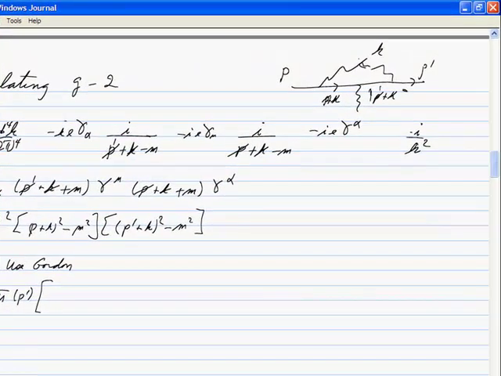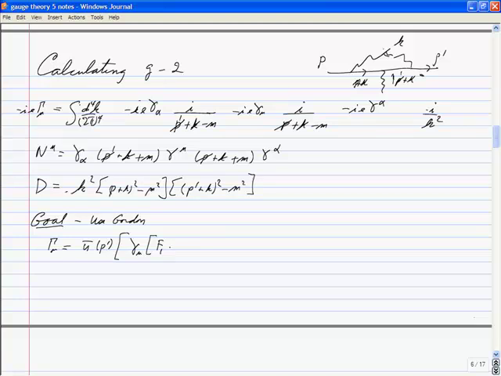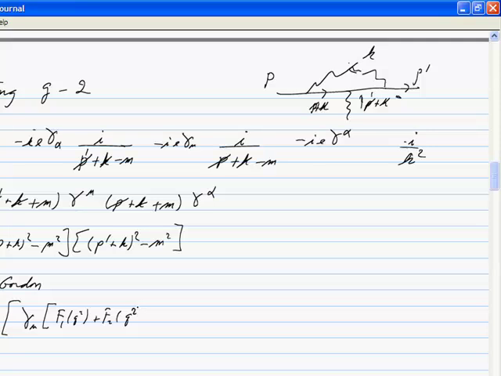Sigma mu nus are tough. You don't like to have to find so many gamma matrices. So I'll write it in terms of gamma mu (F1 of q squared plus F2 of q squared), and then minus 1 over 2m (P plus P prime) mu F2, u of P.